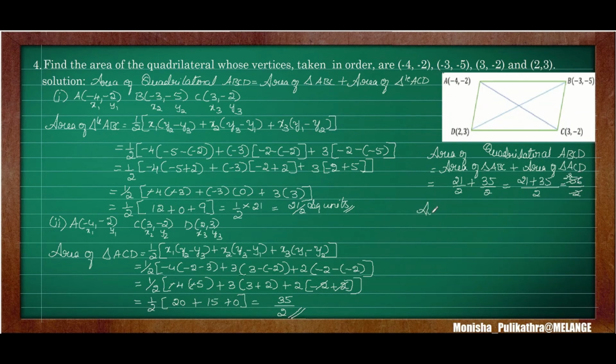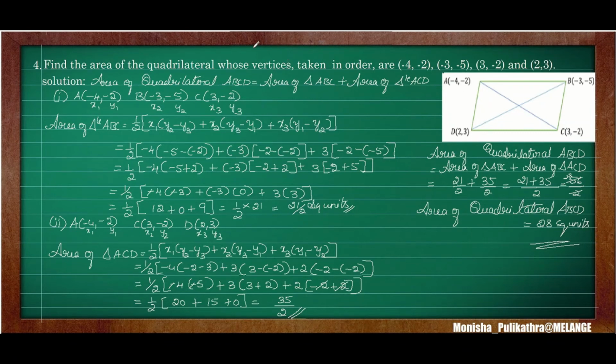So area of quadrilateral ABCD is equal to 28 square units. Area of quadrilateral is equal to 28 square units.